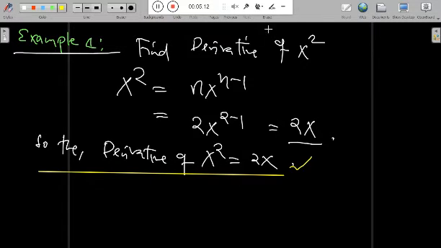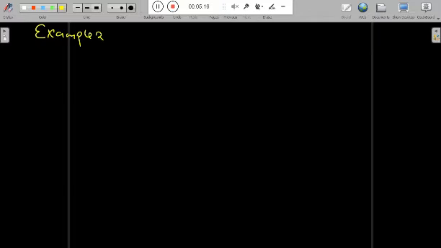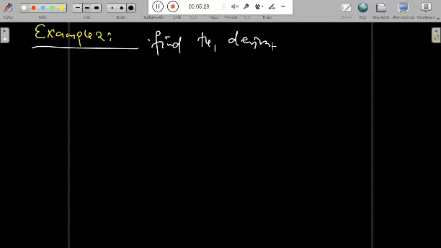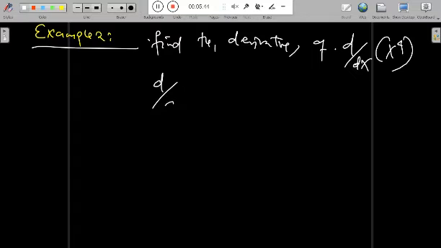Now let's look at another example where we apply the derivative rule. Find the derivative of d over dx of x raised to the power 4.